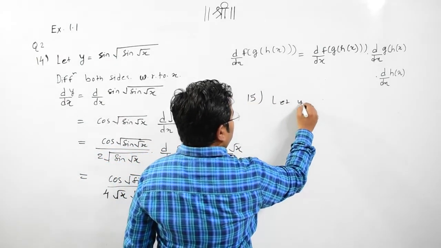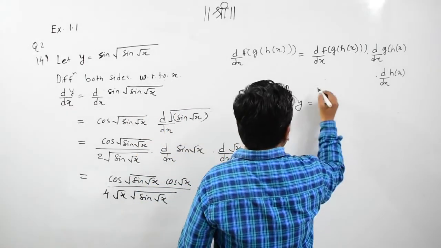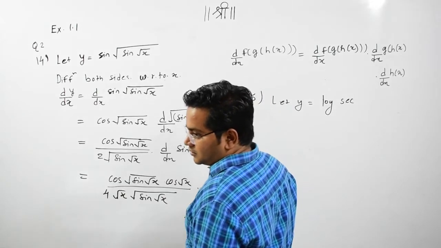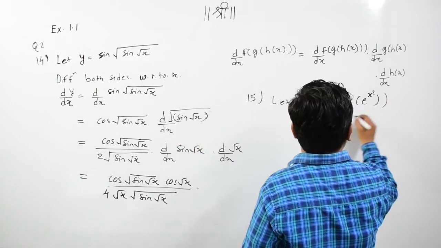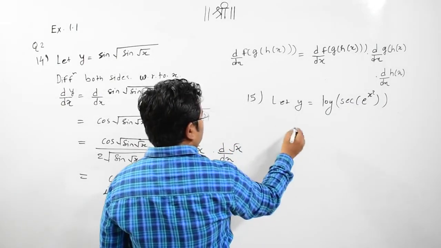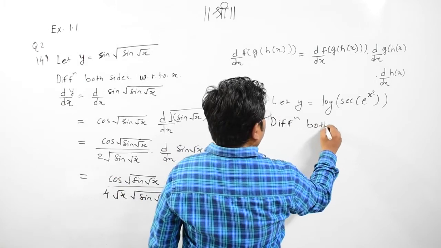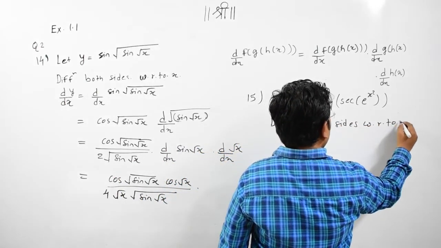Let y equal log of sec of e raised to x square. Not difficult, quite easy. Look at it properly. Differentiating both sides with respect to x.